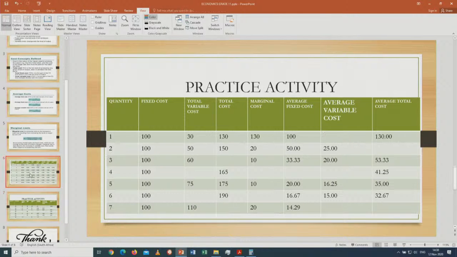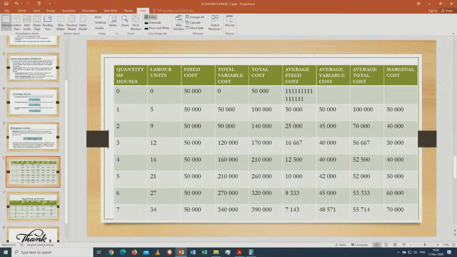It must give us 30. Remember what we said here. We focus on the variable cost divided by the number of units that we have produced.